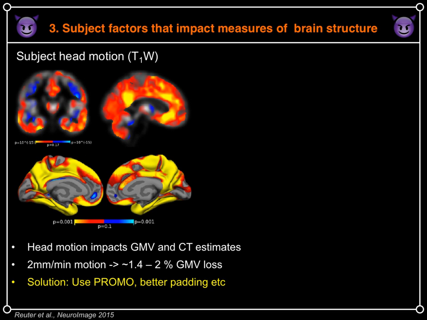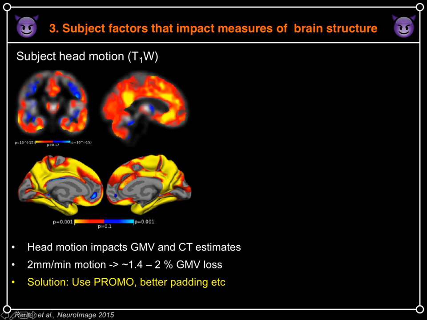When there is absolutely no atrophy or no change in gray matter volume, this can manifest as a gray matter volume change. So you can imagine that a subject group that is likely to be less comfortable in an MRI environment can systematically produce motion artifacts. And if we don't correct for this, we can then interpret this as a gray matter volume difference when there is very little data to suggest that.